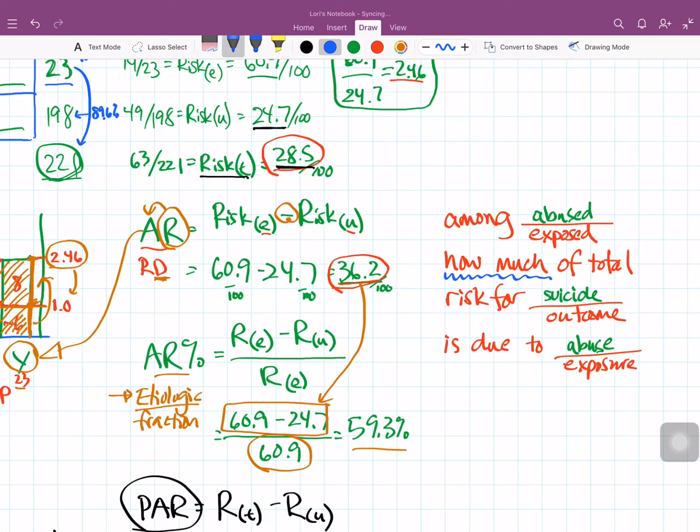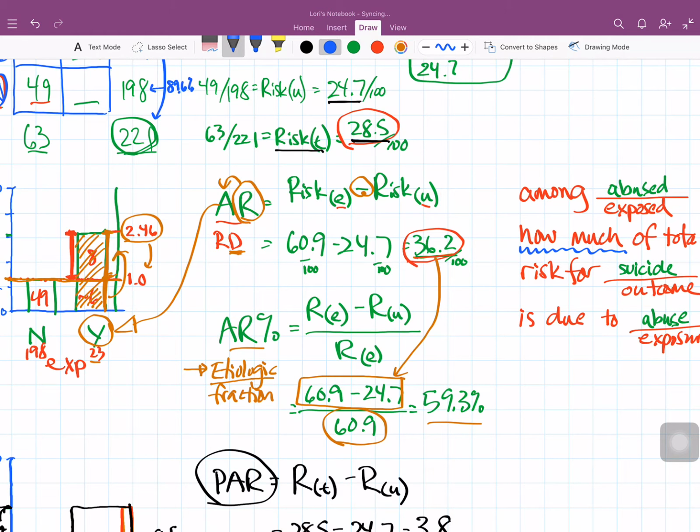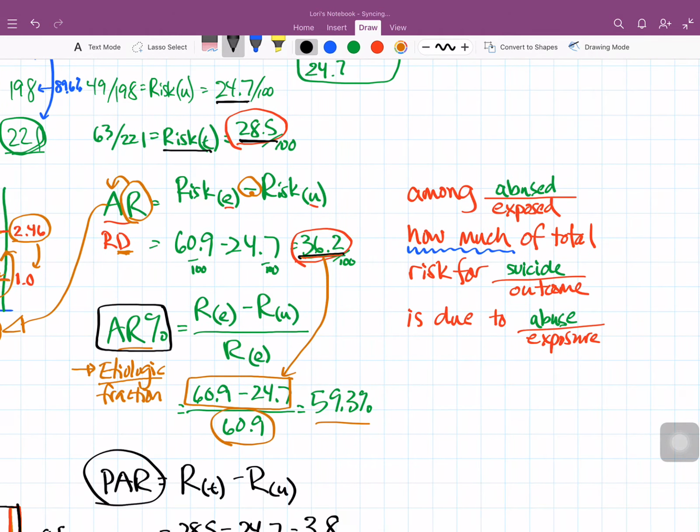And what we can say, going back to this chart, is that we think this much of the risk up here, or 36.2 per 100, is due to the abuse. If we think about this in terms of attributable risk percent, there's not much of a change. The attributable risk percent is this exact same phrase, except instead of saying how much of the total risk for suicide is due to abuse, we change that to what percentage.